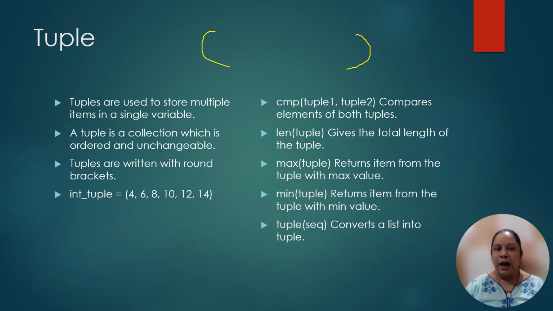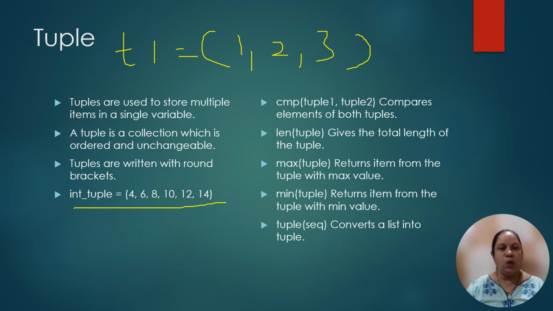Again, it is used to store multiple values in a single variable. So if I say tuple t1 is equal to 1, 2, 3. A similar example is given over here: tuple equal to 4, 6, 8, 10, 12, 14. These are the elements of the tuple, right?